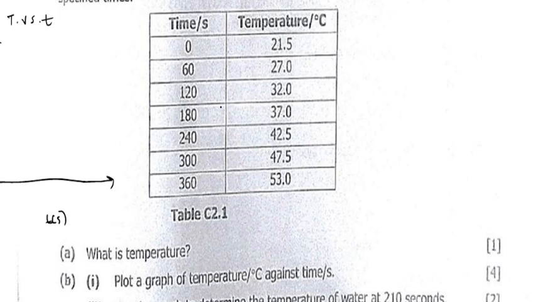Then we need to balance. Let me start with time. Time is starting from 0 all the way to 360. So how can we space that? It depends on your graph.